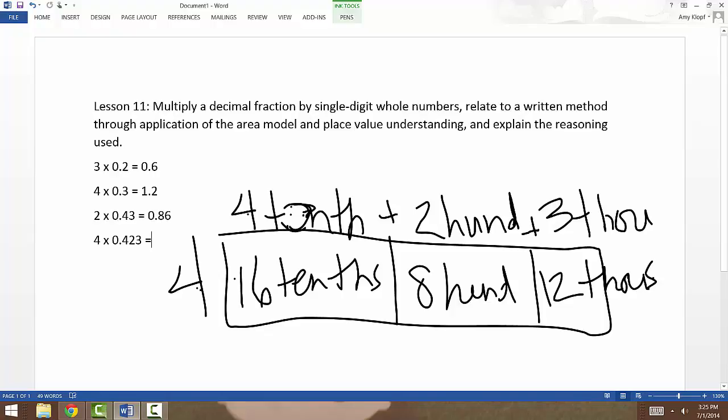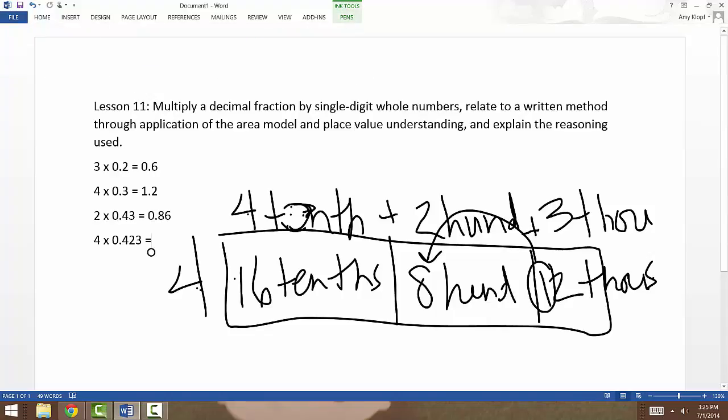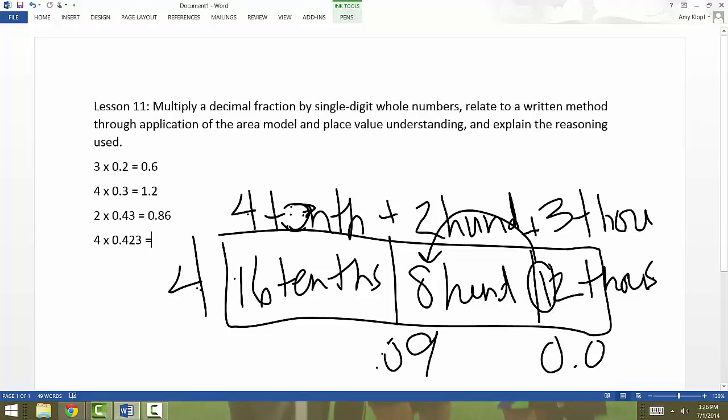Since we can't have over 10 in each place value, we're going to take this thousandth and make it a hundredth. So my new number would be 9, and my new number here would be 2.